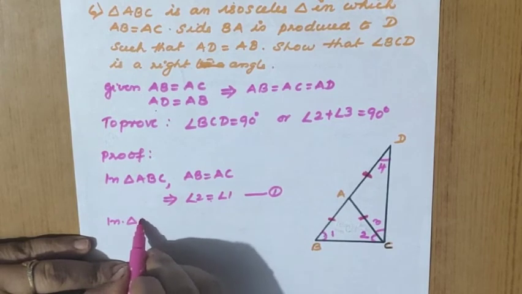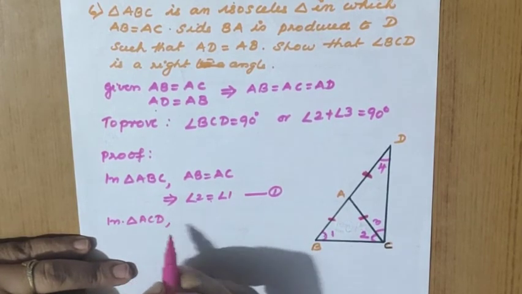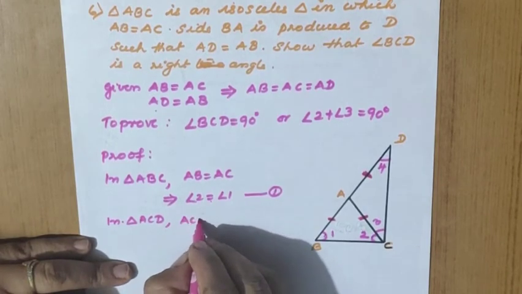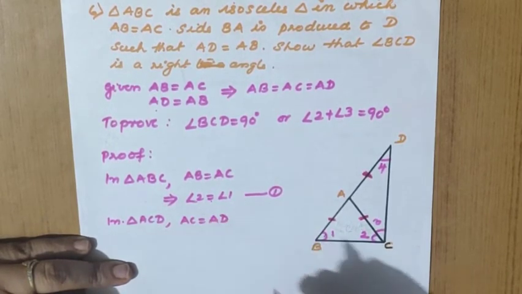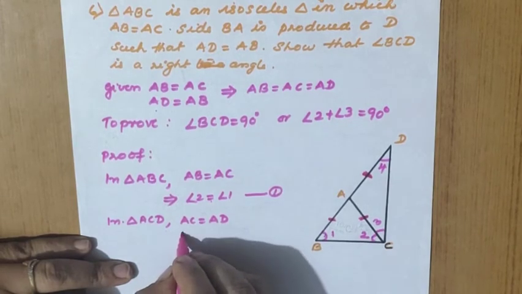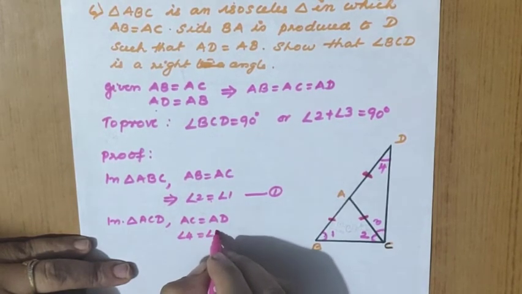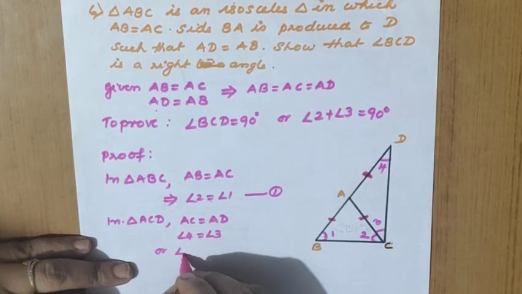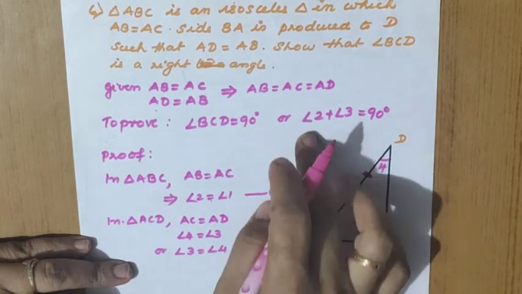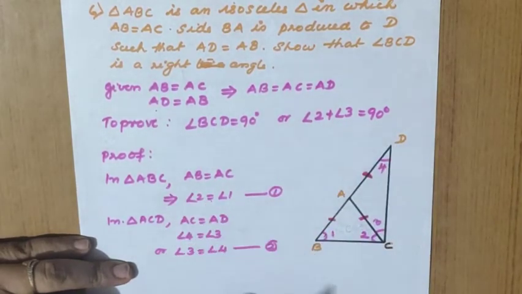In triangle ACD, the second triangle, AC equal to AD. If AC equal to AD means I should write angle 4 equal to angle 3, or angle 3 is equal to angle 4, because 2 plus 3 is required. So 2 and 3 I want one side.